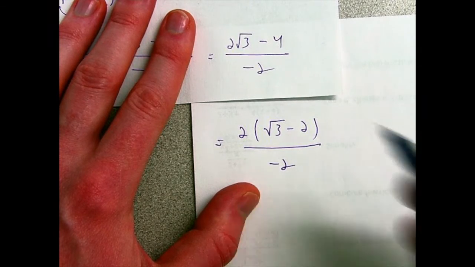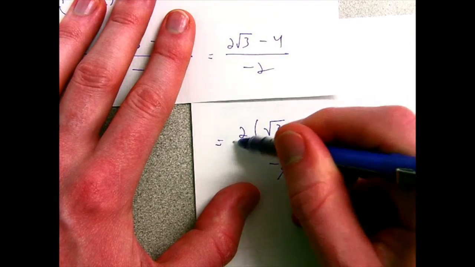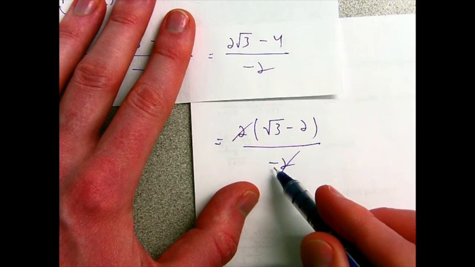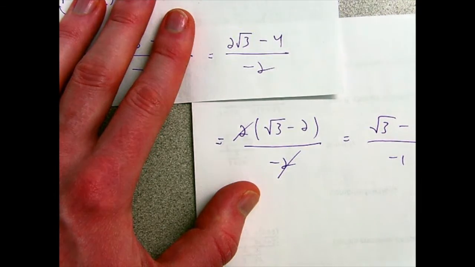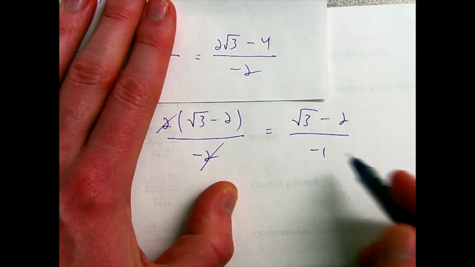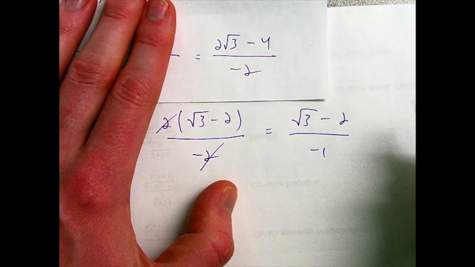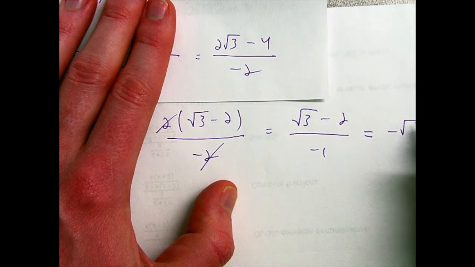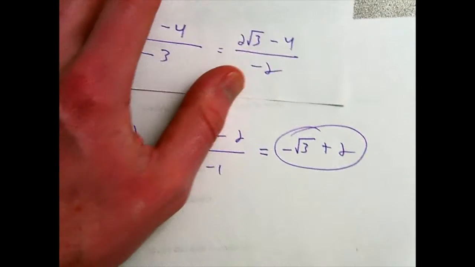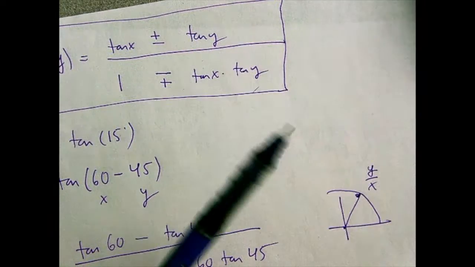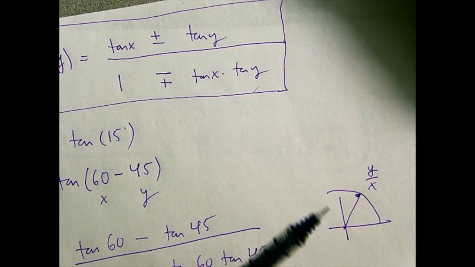And then you can say, oh, cancellation. So this 2 cancels with that one. The negative sign is still there, so it's root 3 minus 2 over negative 1. Dividing by negative 1 just flips the sign on each term. So that's going to be negative root 3 plus 2. Okay, so that's my final answer. Quite a bit of work to simplify that, but it's a good algebraic exercise.